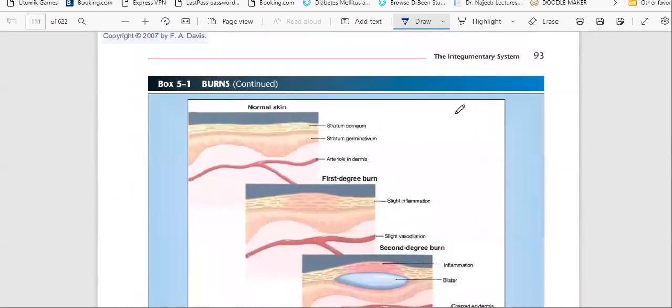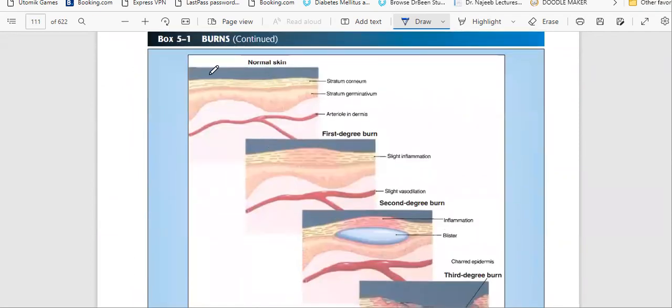Here we have the diagram. Normal skin: the stratum corneum, stratum germinativum, and here the dermis. In the dermis we have arteries and veins. In the first degree burn, inflammation occurs and mild redness is seen.